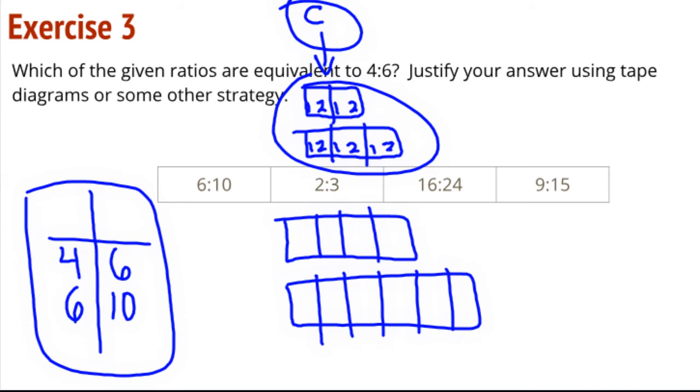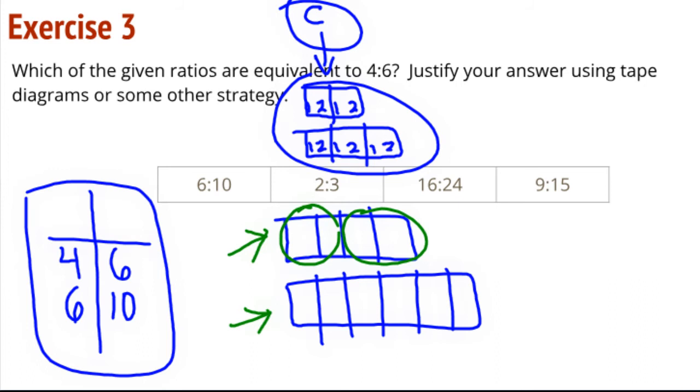But here's another way I could look at it. I've got my 4, and I've got my 6. Can I make some groupings that are the same size? Can I combine some parts so that I have 2 and 3? Well, I can take this and combine them together, and my 4 now has 2 parts.